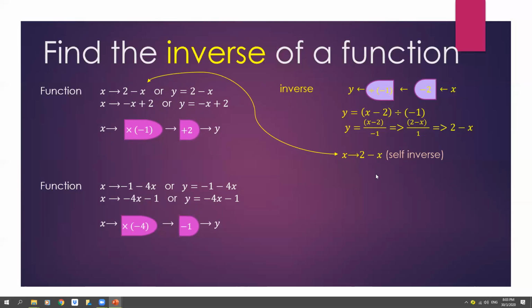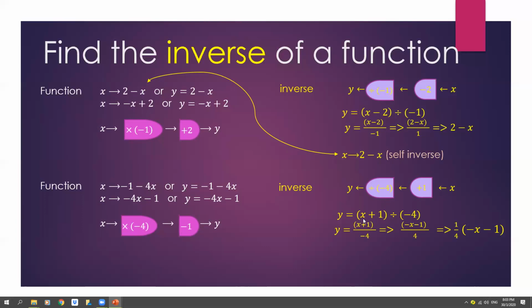All right. Okay. So now let's see this question. On this one, inverse. So the usual way, negative 1 will have to plus 1. Okay. Then times negative 4 becomes divided by negative 4. All right. So when you write in equation form, you get x plus 1 first, then divide by negative 4. So you can write in fraction way. Okay. And again, I change it to positive 4.